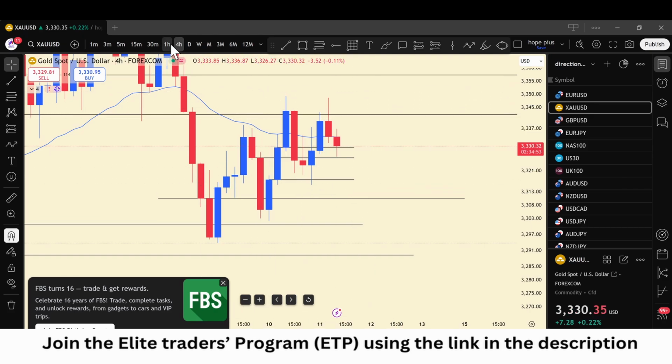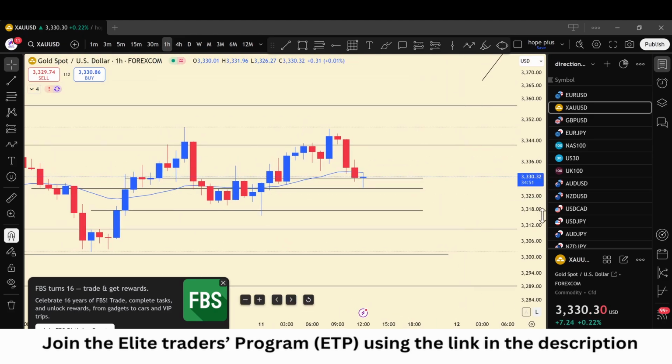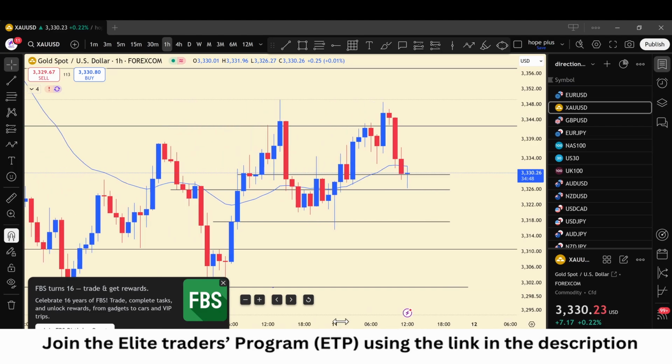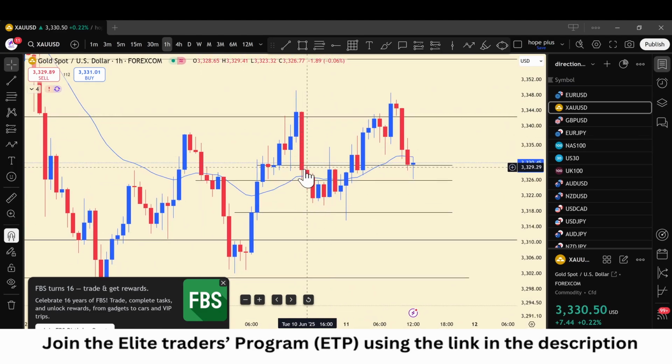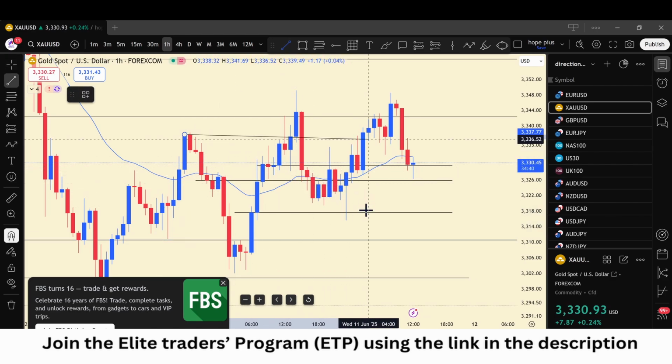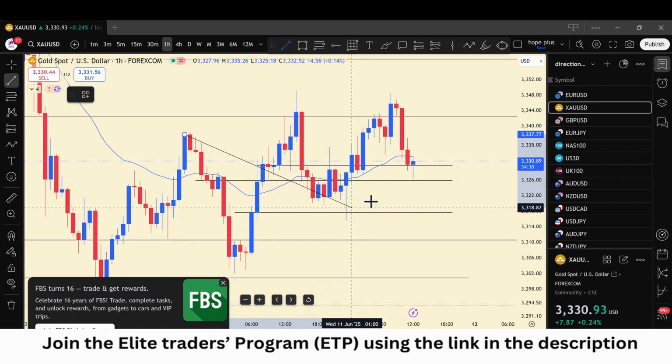So what I did was to go to the 1-hour time frame and look at my trend lines. So when price was coming down here, at first I marked out this area. This is my trend line.